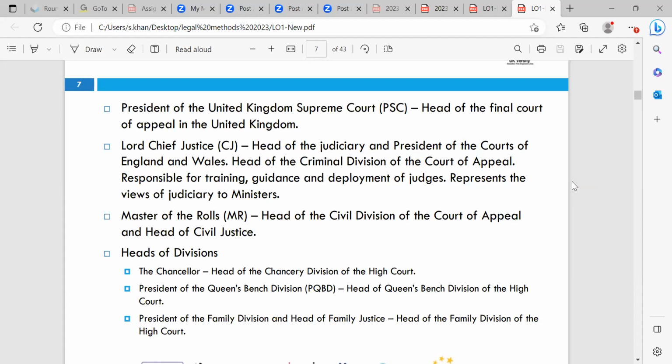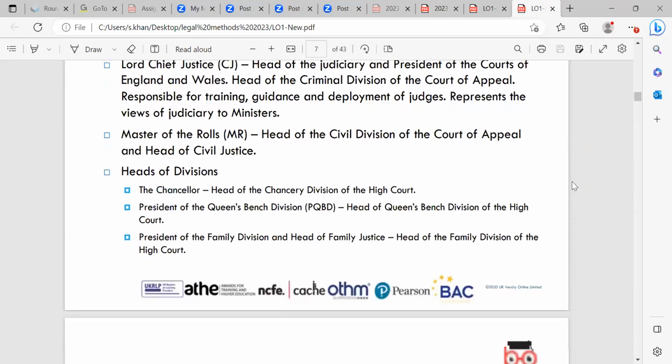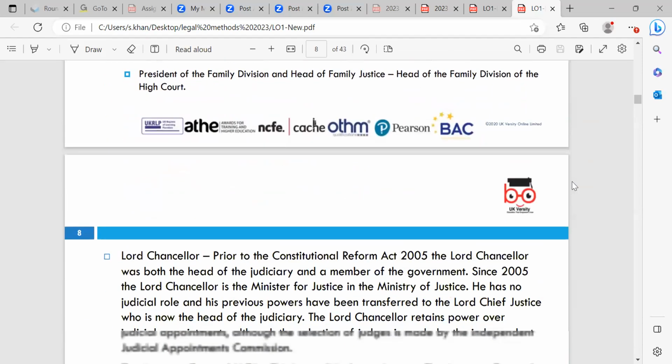Do you think there's a need for having separate divisions? Yes, to deal with different legal cases. Yes, excellent. There's a need to have it because every case is individual, isn't it? So there's a need to have all these divisions.